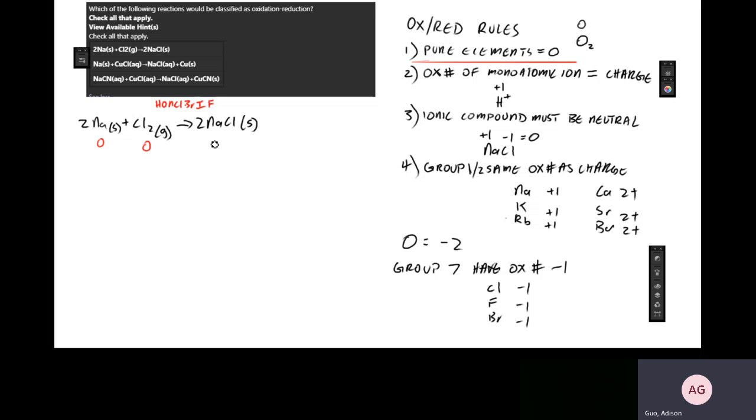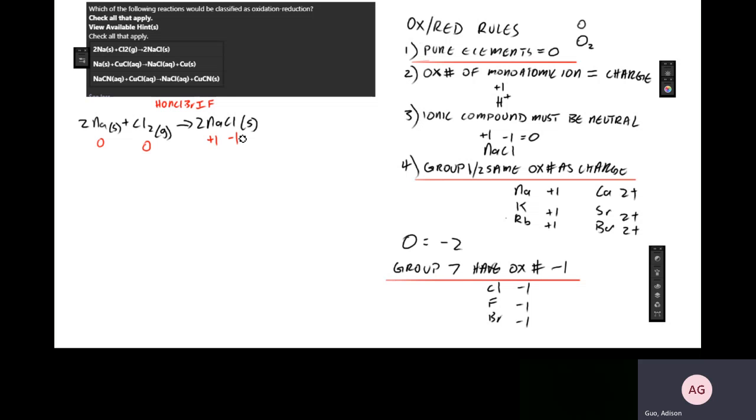And then over here, you can see the NaCl. Na is going to be part of group 1, your alkali metals, which means it has the same oxidation number as its charge. So sodium is usually +1, or has a charge of 1 plus, which means that it has an oxidation state of +1. And then chlorine is group 7, the halogens, so that's a -1.